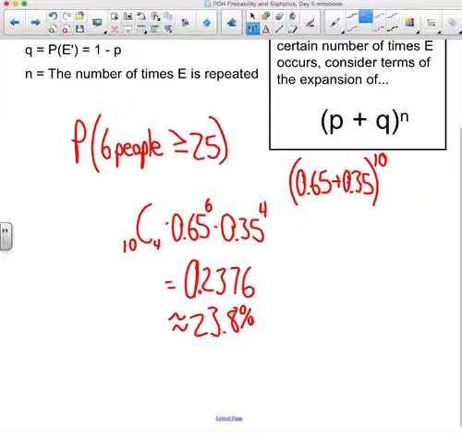Notice we can also use the complement. Let's say we wanted fewer than 9 people. What's the probability we got fewer than 9 people that were at least 25? We could do that by using the complement.